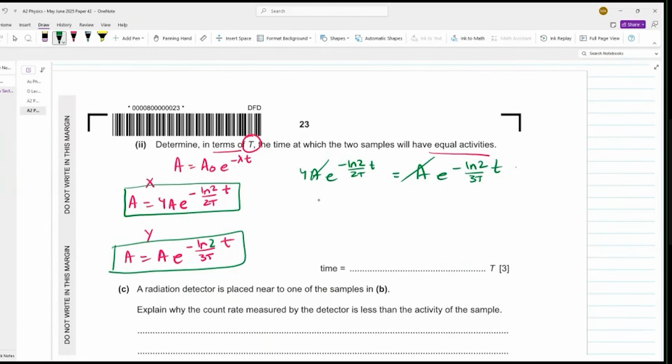If you are weak at mathematics, you can take E to the denominator. 3t into t divided by E minus ln2 divided by 2t.